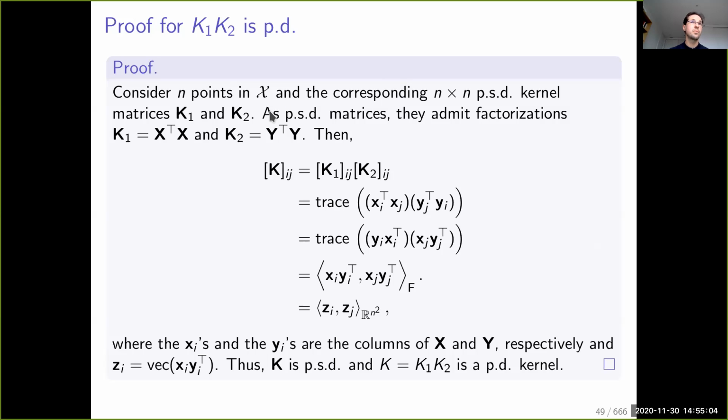To prove it, we are going to manipulate the trace operator. Since these matrices K1 and K2 are positive semi-definite, you should know that they admit factorizations.